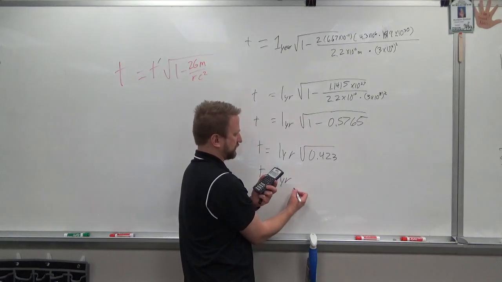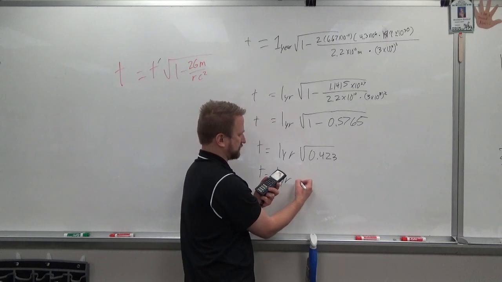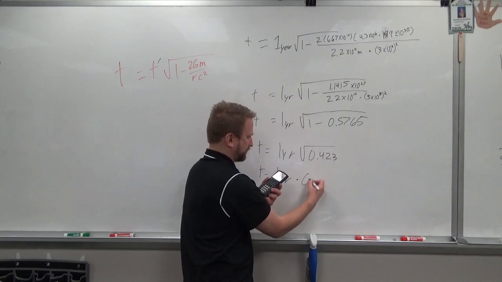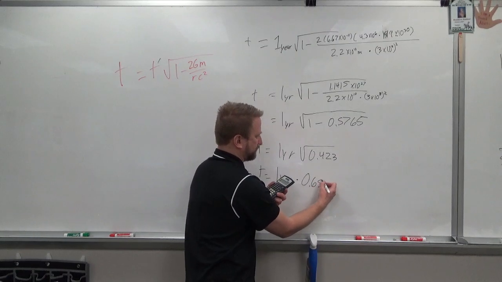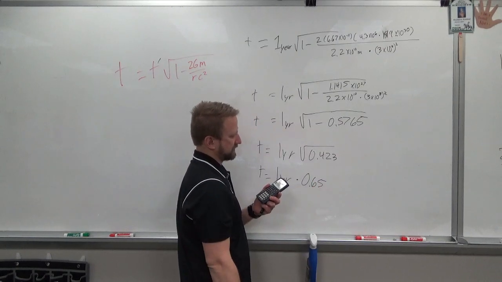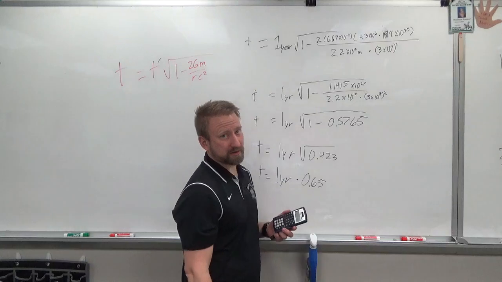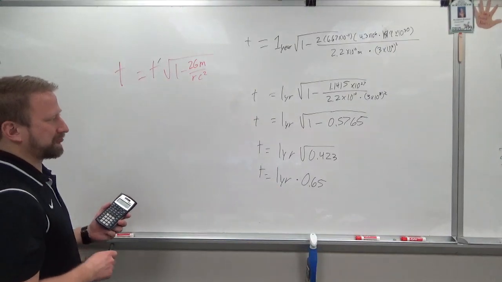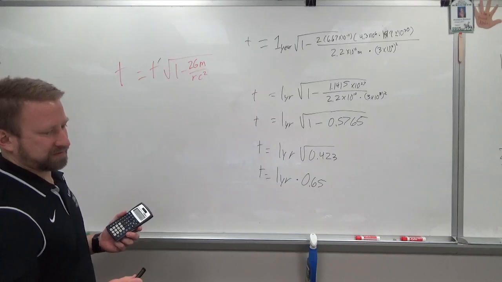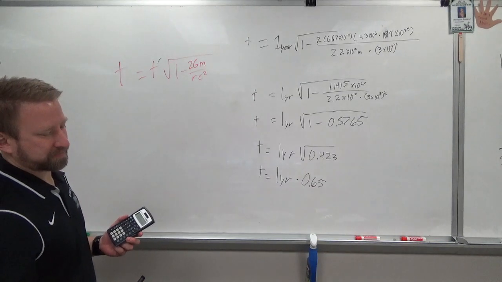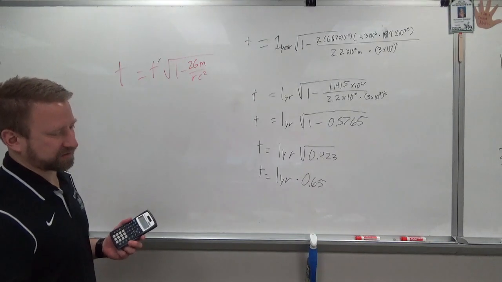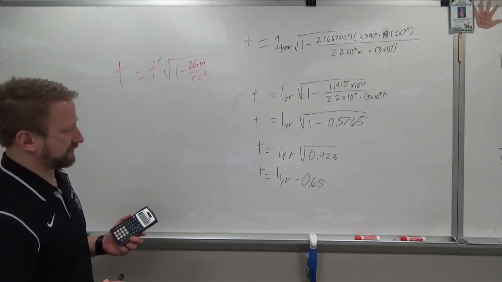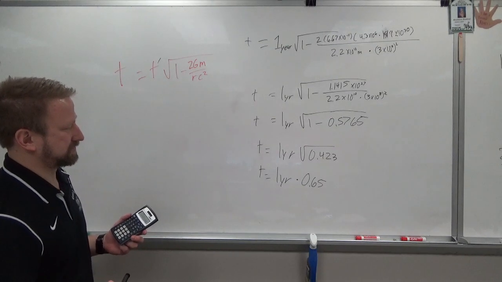times 0.65. This can't be right. This has to be backwards on our times. Because that would mean that we spent a year on the black hole and only half a year passed.